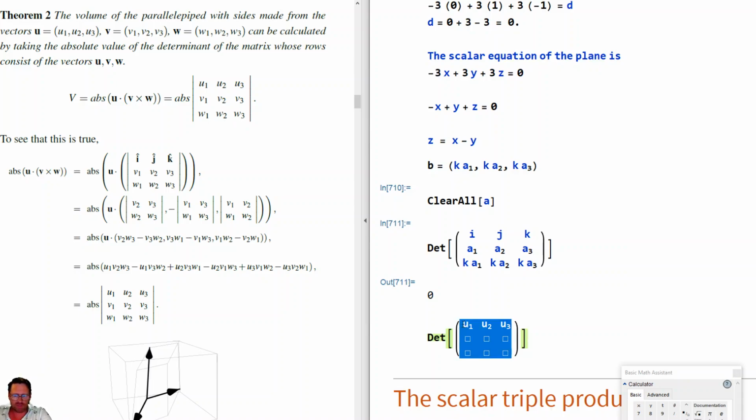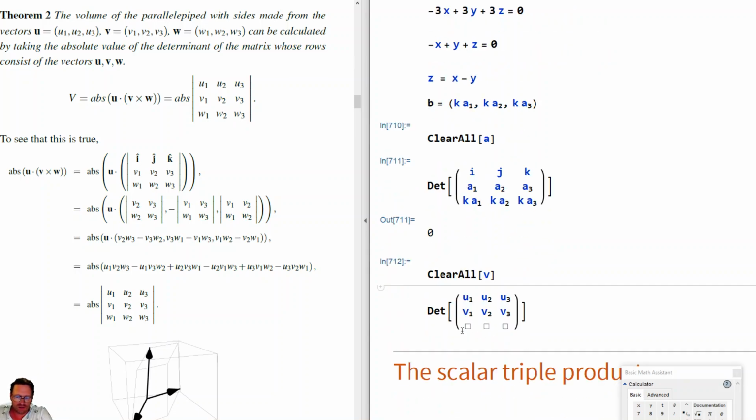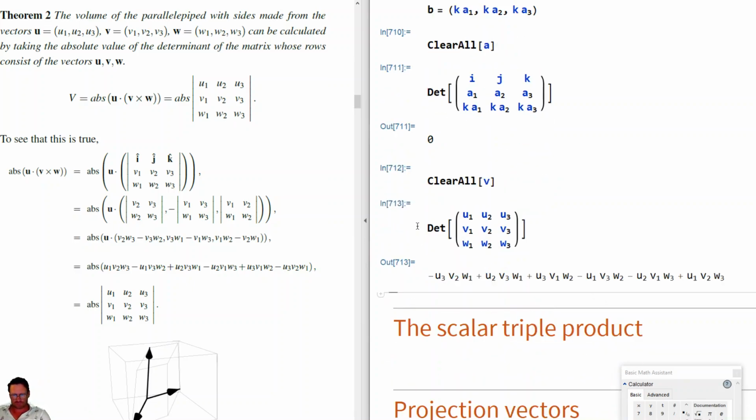Now I'm going to copy and paste this into the second row and change the u to a v. And I can see that the v is in memory, so I'm going to clear that. Okay, and then we'll do the same thing here. Change that to a w, and let's calculate the determinant. Okay, so this is what we get.